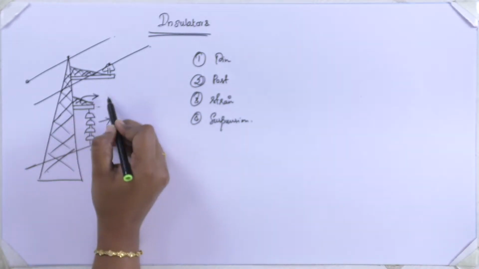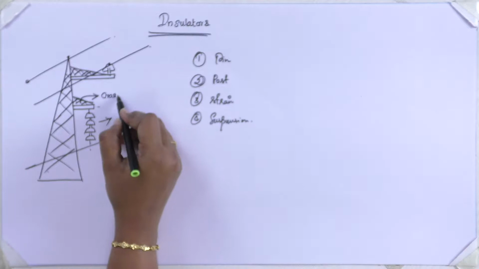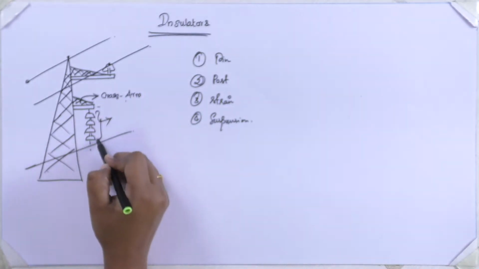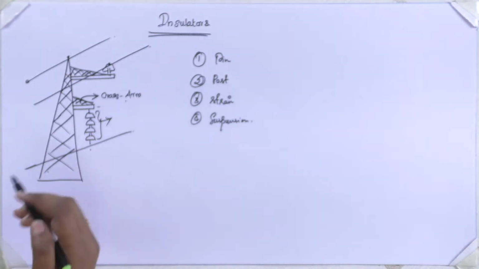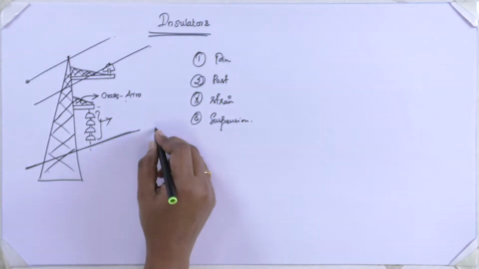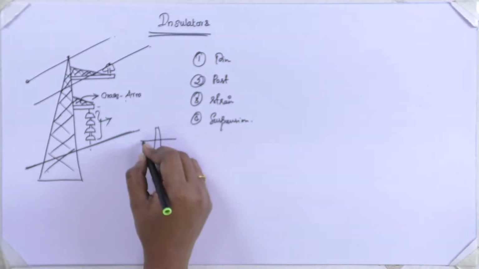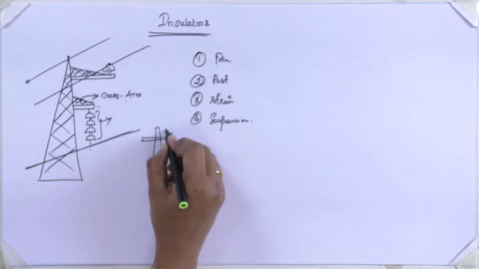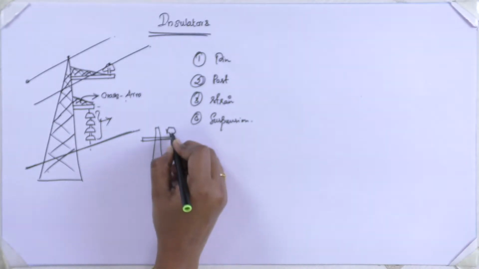I mentioned the cross arm is this part of the transmission tower. The cross arm is this region, and this is the series of insulators connected, and this is the transmission line. On the street pole, you might have seen a wooden block or a metal piece, and an insulator will be there with a groove.